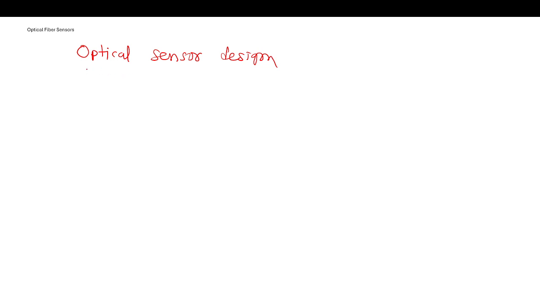There are a few parts. First thing is the optical source. As you know, without an optical source, how will optical fiber sensors work?